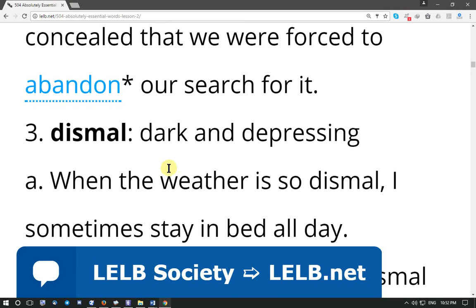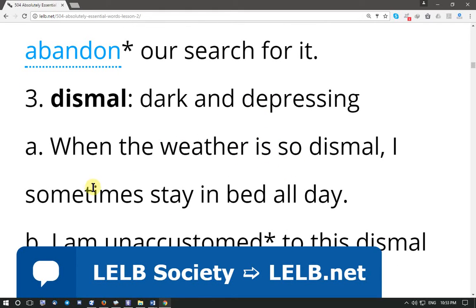Number 3, dismal. First syllable is stressed. Dismal means dark and depressing. Usually it refers to one's emotions or mood, and also weather. When the weather is so dismal, I sometimes stay in bed all day, and this is a sign of depression.